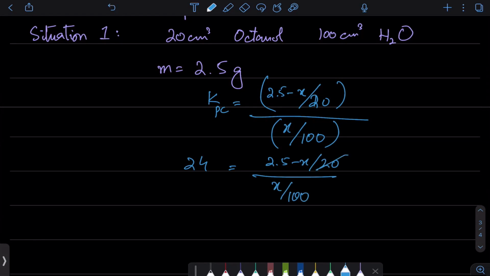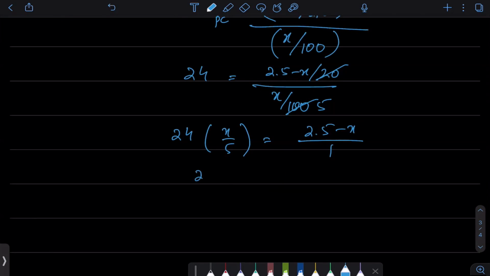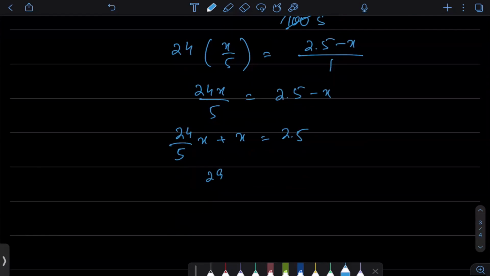Again, I'm just going to simplify this and divide this because I can. And now that gives me 24 times X over 5 is equal to 2.5 minus X over 1. So 24x over 5 is equal to 2.5 minus x. 24 over 5x plus x is equal to 2.5. This means 29 over 5x is equal to 2.5.